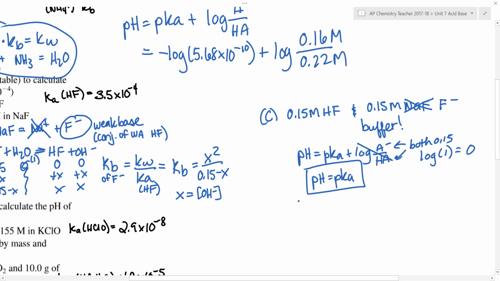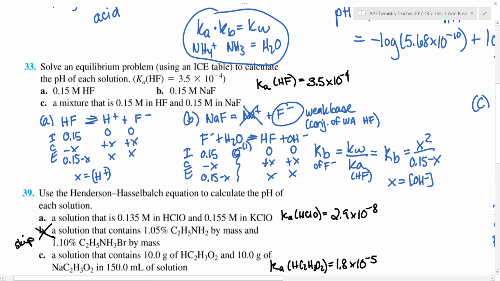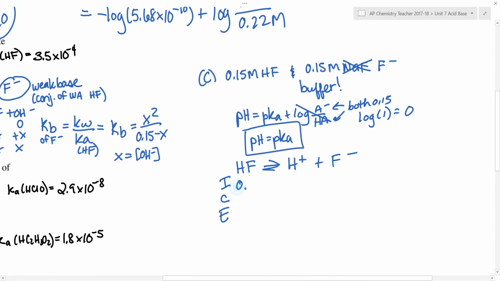The other way is to solve the equilibrium system. HF splits into H plus and F minus. I'm going to set up my ICE chart just like I did in part A, except instead of starting with just acid, I'm going to start out with both the weak acid and the conjugate base. This is what we call a common ion problem, which we saw in Ksp problems as well.